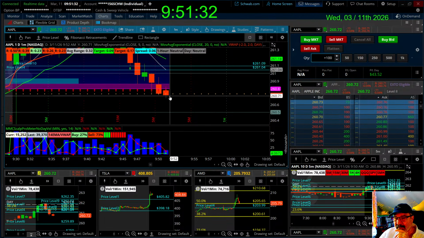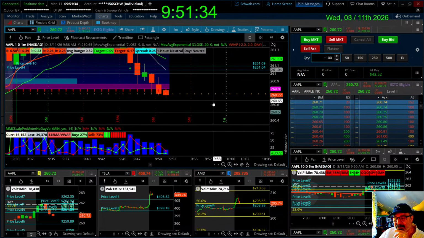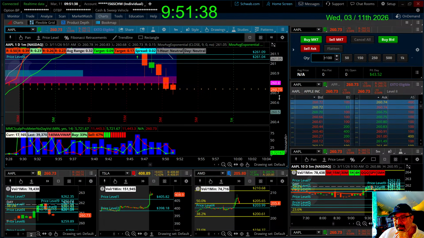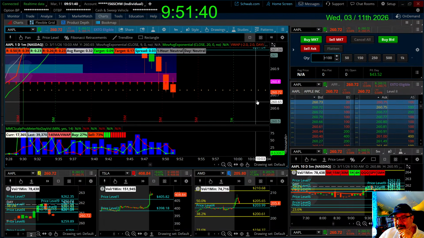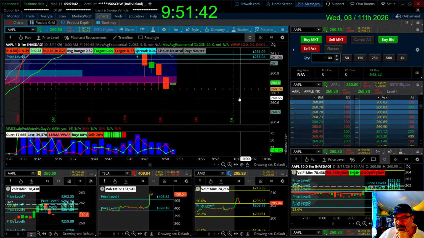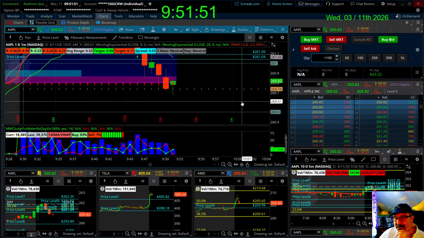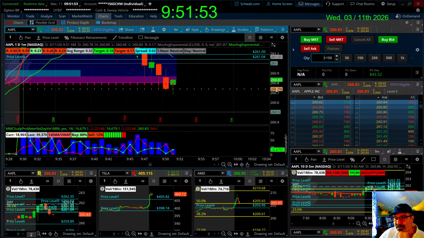This is about where I got out. I just want to see for myself. Wasn't really at a max loss or anything. When you're trading this low share size, that is a reversal candle. So that is forming a reversal candle. It's going to say that I made a mistake.